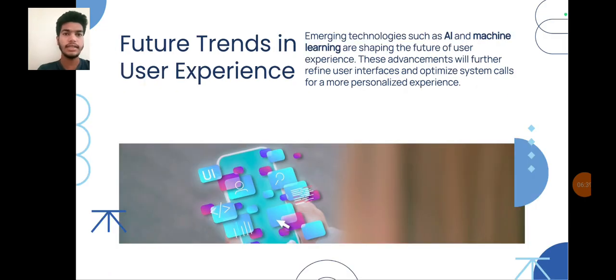Future trends in user experience. Emerging technologies such as AI and machine learning are shaping the future of user experience. They are trending now and shaping the development of user experience.